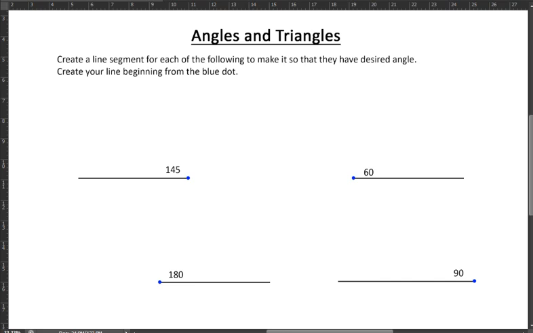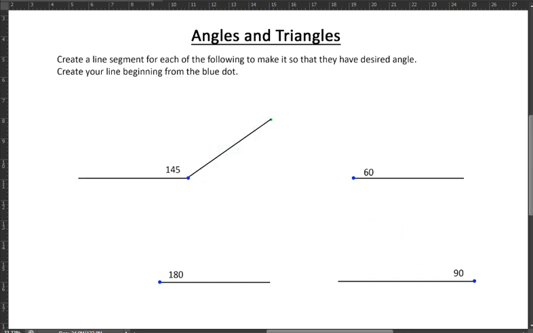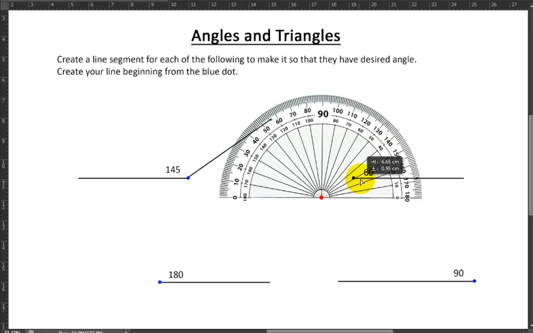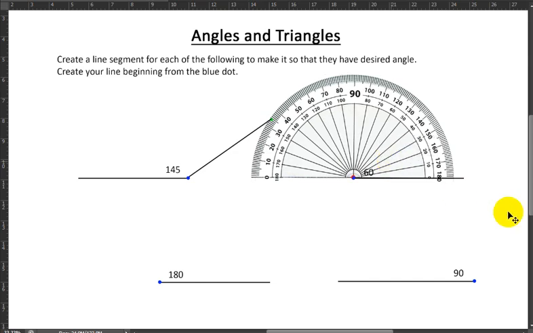There we go. Okay, so we made that 145 degree angle. Let's move on. We want to come here. We want to take our protractor here, and make a 60-degree angle. Okay.